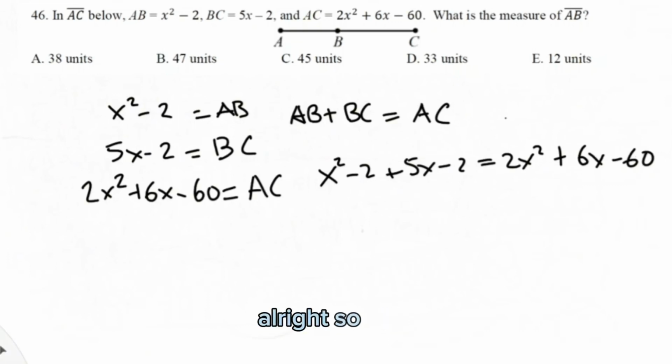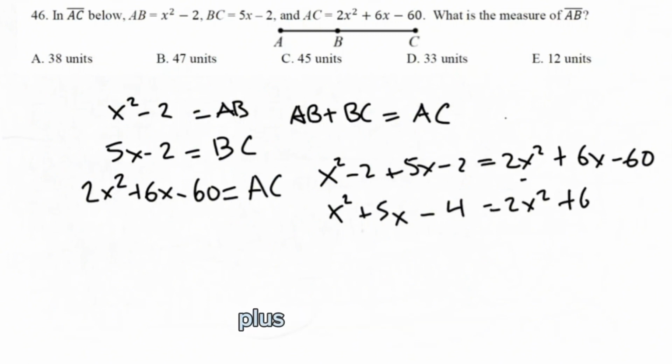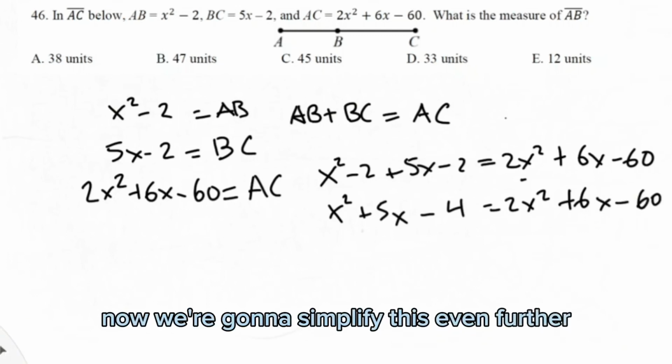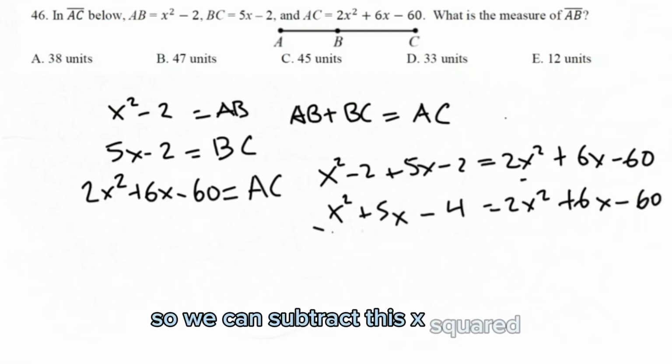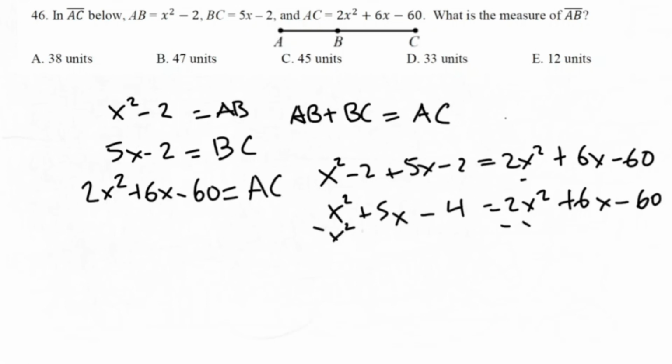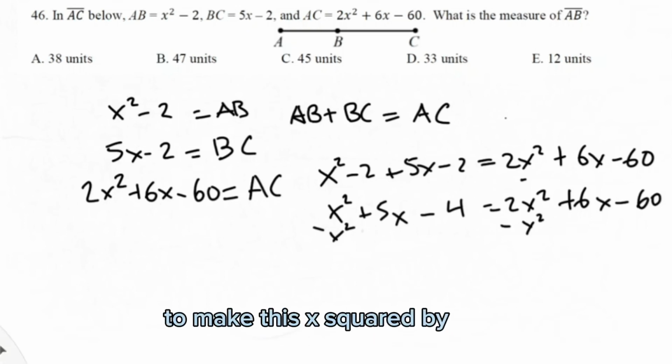Alright, so now let's simplify this. So x squared minus 2 plus 5x minus 2 becomes x squared plus 5x minus 4 equals 2x squared plus 6x minus 60. Now we're going to simplify this even further. So we can subtract this x squared from both sides to make this x squared by itself.